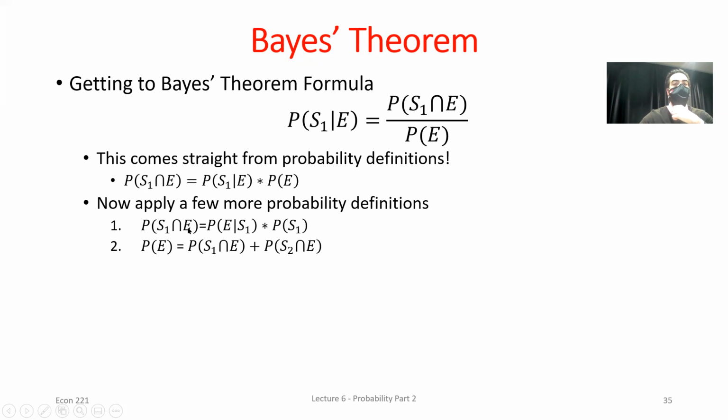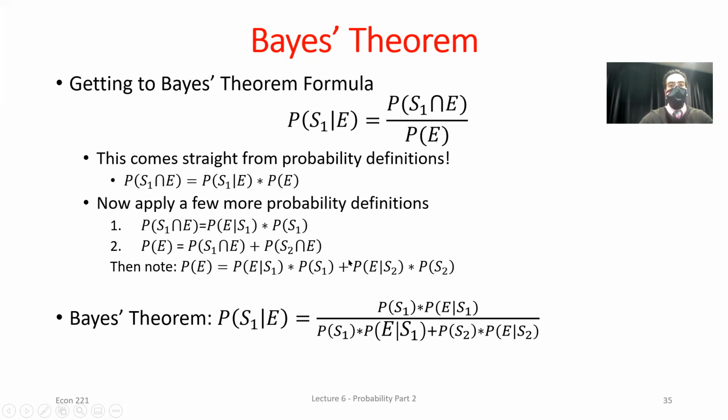But I then know I can rewrite the intersections here as conditional probabilities times what I'm conditioning on. So really, it's just a little bit of math. Once we have that, we're just substituting in for these intersections the equation of a conditional probability times what we condition on. Notice here, they're different states of nature. So when we write that out, one of these will be conditioning on state of nature 1. One of these will be conditioning on state of nature 2.